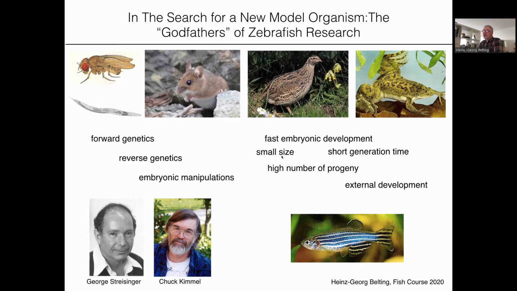It is small, so you can put the embryo under the microscope. It has a short generation time, which is important. If you do genetics, you have to breed different alleles of mutations or transgenics together, and you get a high number of progeny. You don't have to kill the mother because of external development, and you can watch it from fertilization to death, basically.